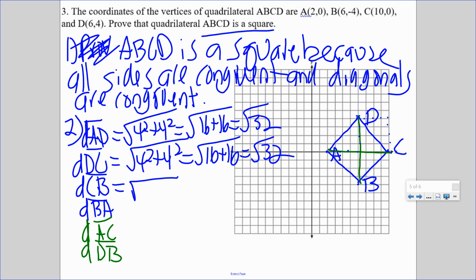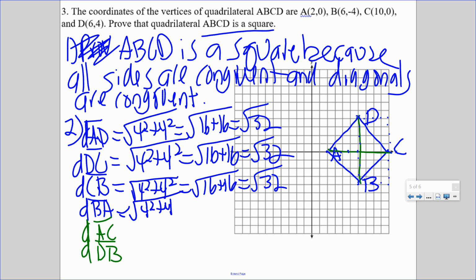CB 1, 2, 3, 4. 1, 2, 3, 4. 4 squared plus 4 squared is 16 plus 16, we're at 32. BA 1, 2, 3, 4. 1, 2, 3, 4. 4 squared plus 4 squared, 16 plus 16, we're at 32.